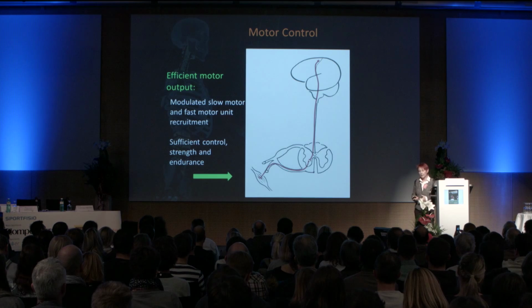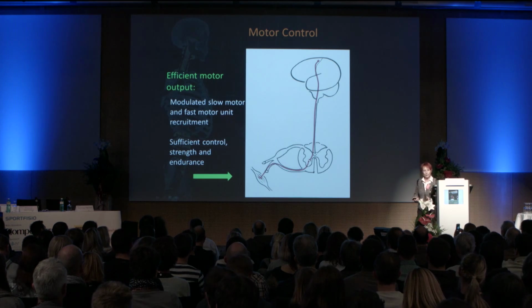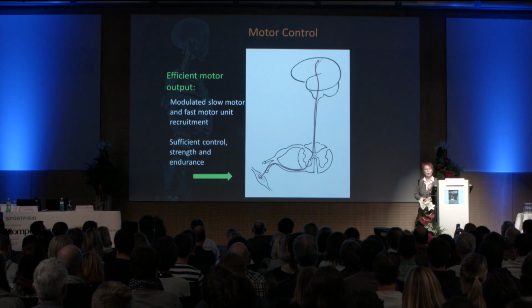From that sensory information, there will be a decision made, and we will get modulated slow motor and fast motor unit recruitment. So we're going to get the proper amount of recruitment for the task involved. So what happens with sports people, it seems to me, is we very often get way too much recruitment in everything.